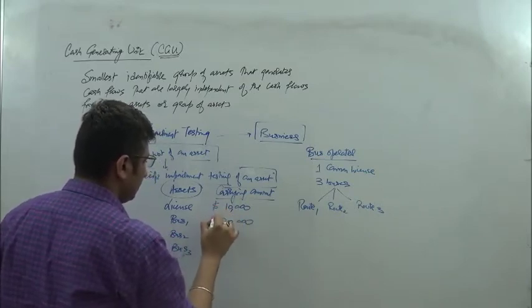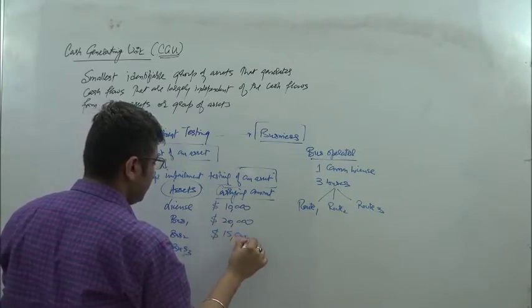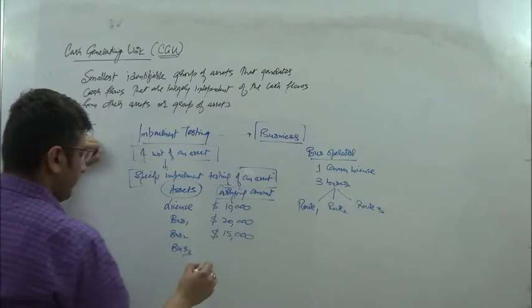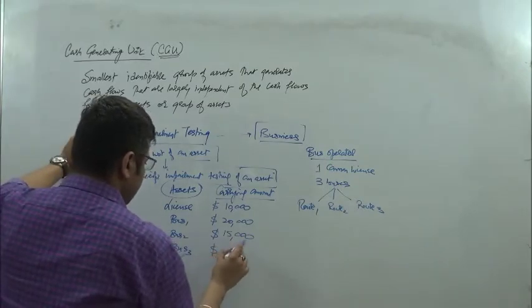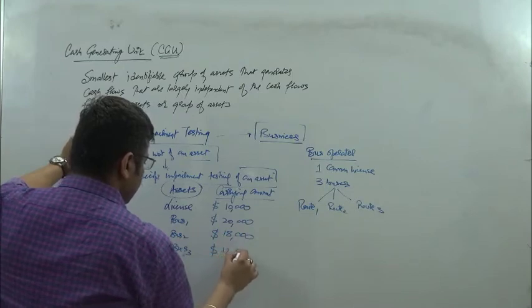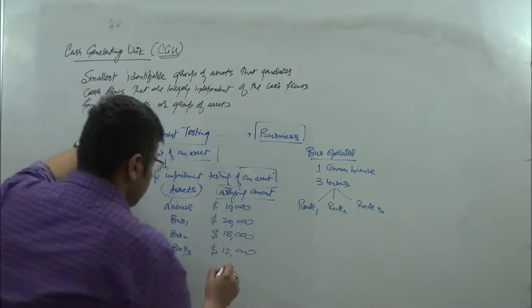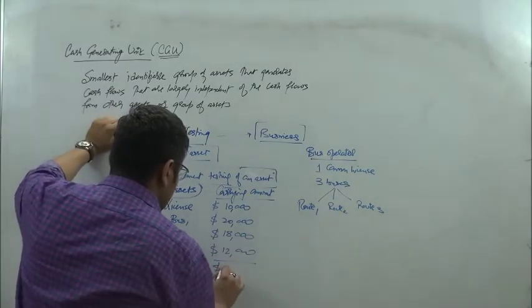So let's say in dollars, let's say this is 15,000. That makes it 45, and maybe let's say this is 18,000 and this is 12,000. Now this makes a total of 30 plus 30, which is $60,000.